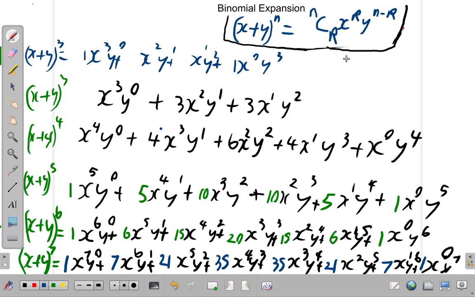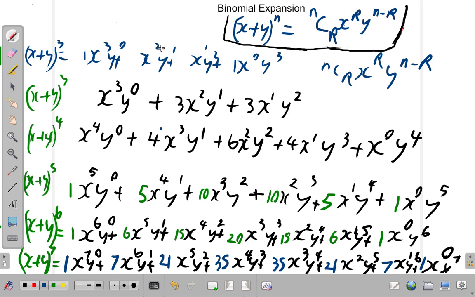Without using the Pascal's triangle, you use this. Now, it says nCr x to the r, y to the n minus r.